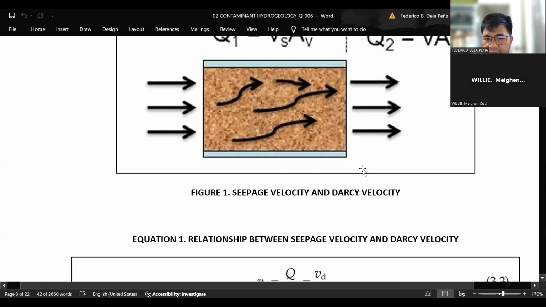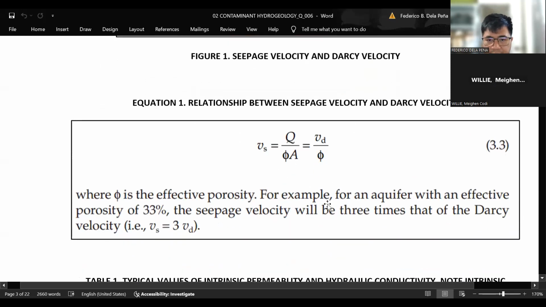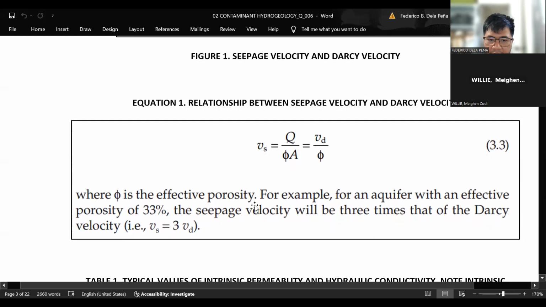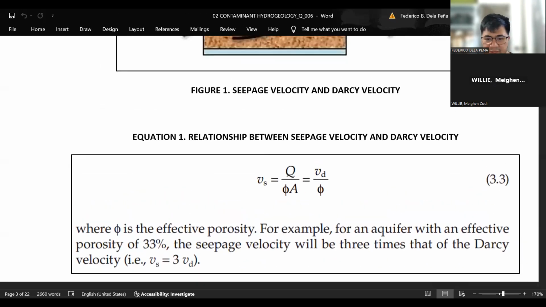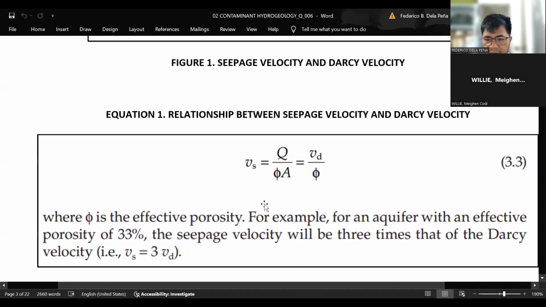So naturally, the seepage velocity will always be faster than your Darcy velocity. And we normally relate the seepage velocity to the Darcy velocity using the effective porosity.